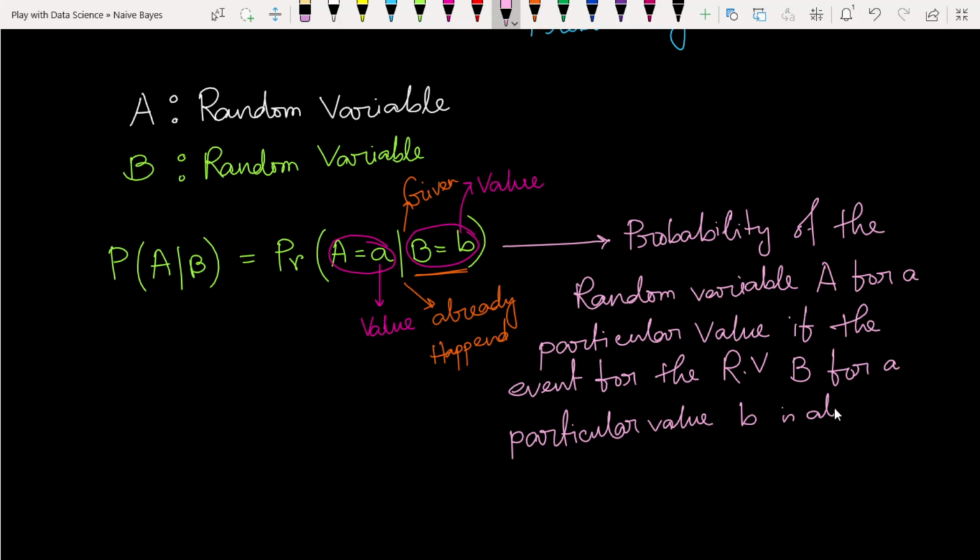The given sign means already happened or already given. Just read this in English. I am not caring about the English spelling; if you understand, that is the main thing.